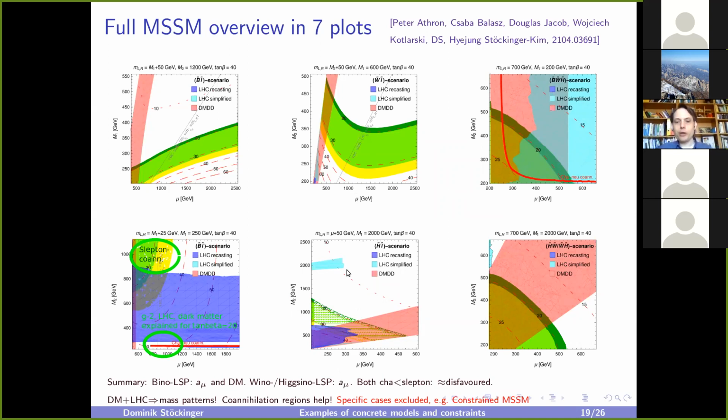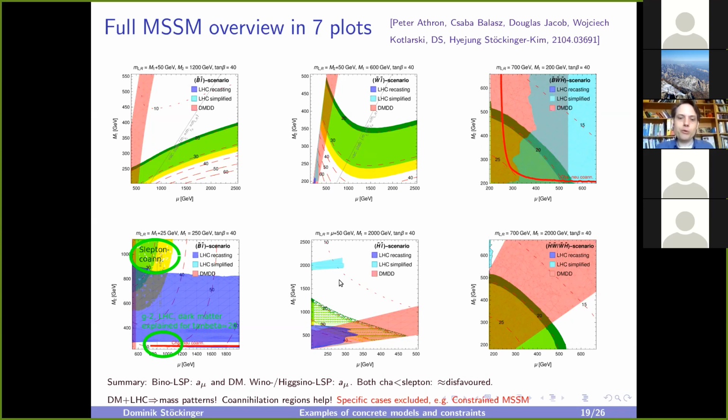In the middle column, we have Wino-like LSP or Higgsino-like LSP. In those two cases, we can explain g-2 very well also. In particular, in the case of Wino-like LSP, you see almost the entire plot is green, which means Wino-like LSP is really excellent to explain g-2. Higgsino-like LSP can also do it in a particular parameter region.